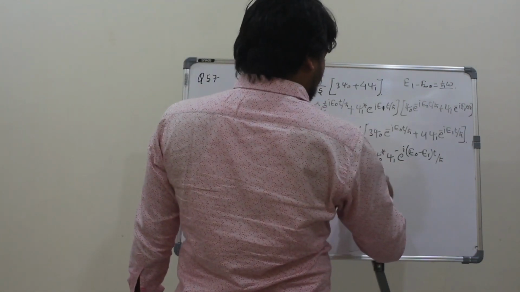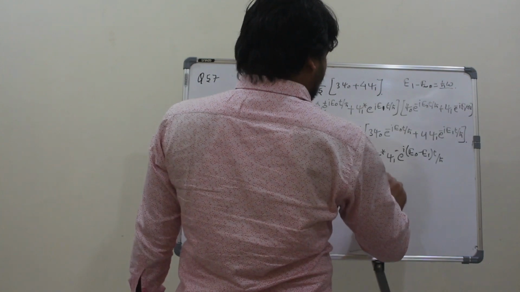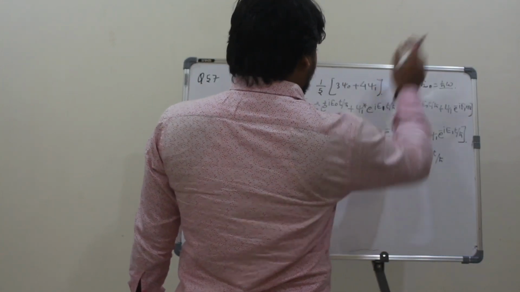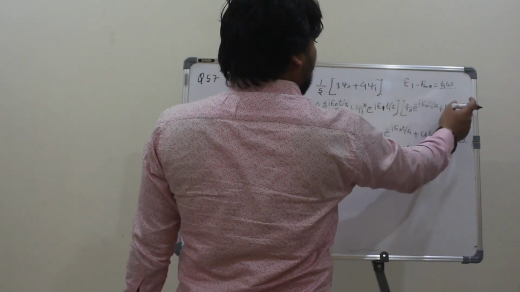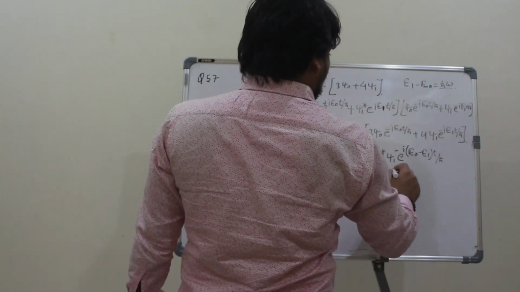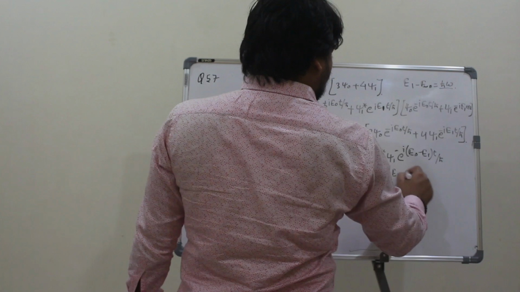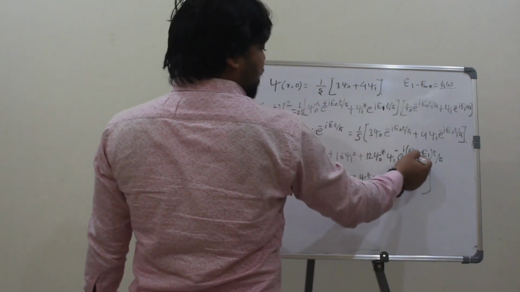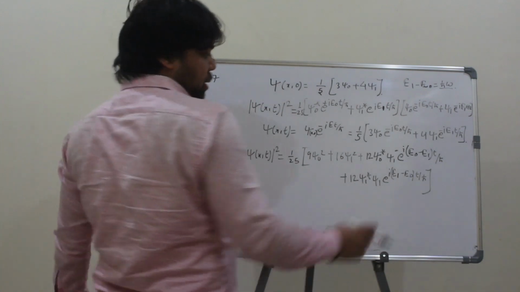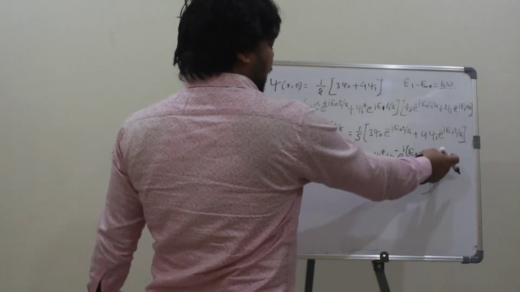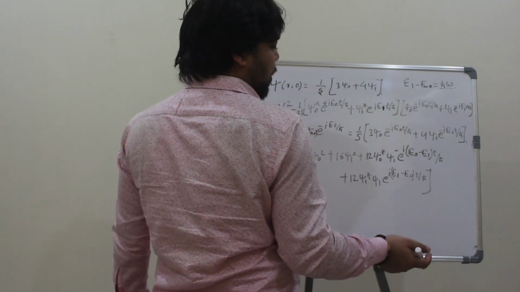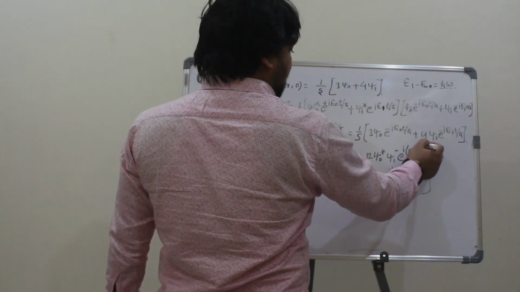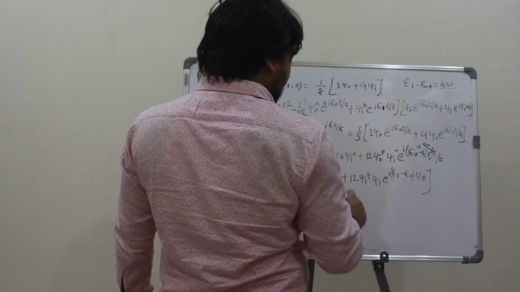And this plus 12 psi 1 star psi naught e to the power i (E1 minus E naught) t divided by h bar. So what does it give you? It gives you minus of h bar omega and minus of omega t, as h bar omega cancels out giving you omega t.